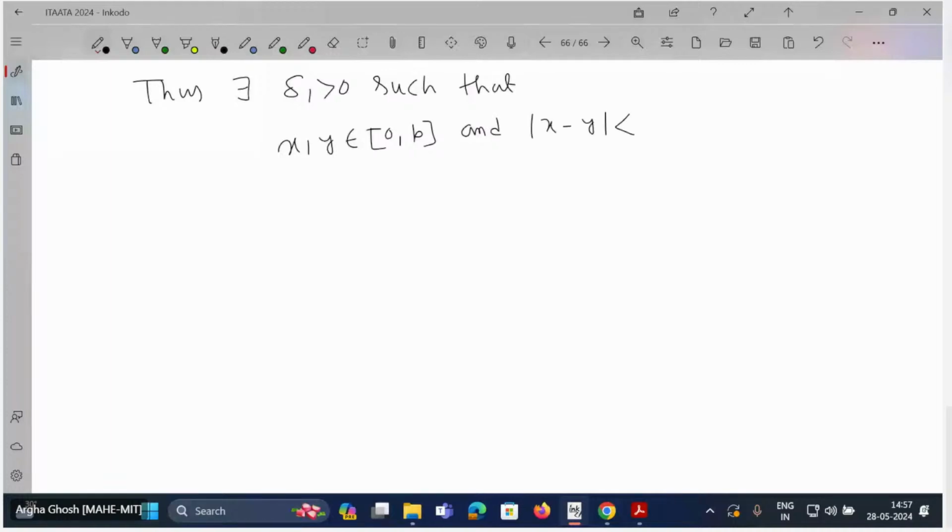That means there exists a delta 1 greater than 0 such that x, y belonging to 0 to p and |x minus y| less than delta 1 imply that |f(x) minus f(y)| is less than epsilon by 2.